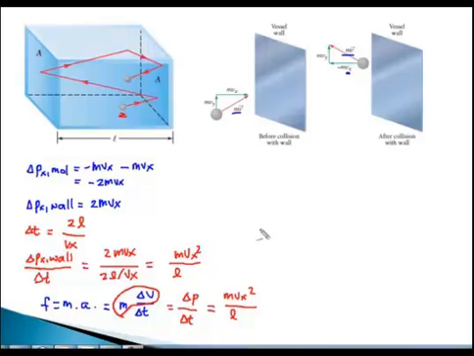Now, a gas sample contains a large number of molecules inside. There are millions, or more than millions, of gas molecules present in, for example, 1 mole of gas. And so we have to calculate the total force exerted by that sample.